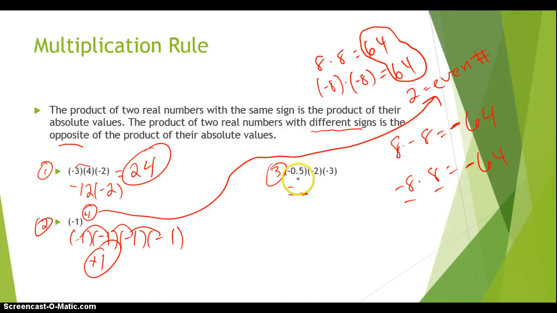Negative 0.5 times negative 2 is a positive 1, and then positive 1 times negative 3 is negative 3. Our solution is negative 3. So when you get a problem, I would automatically look at how many negative signs there are. If it's an even number, our answer will remain positive. If it's an odd number of negative signs, our answer will be negative.